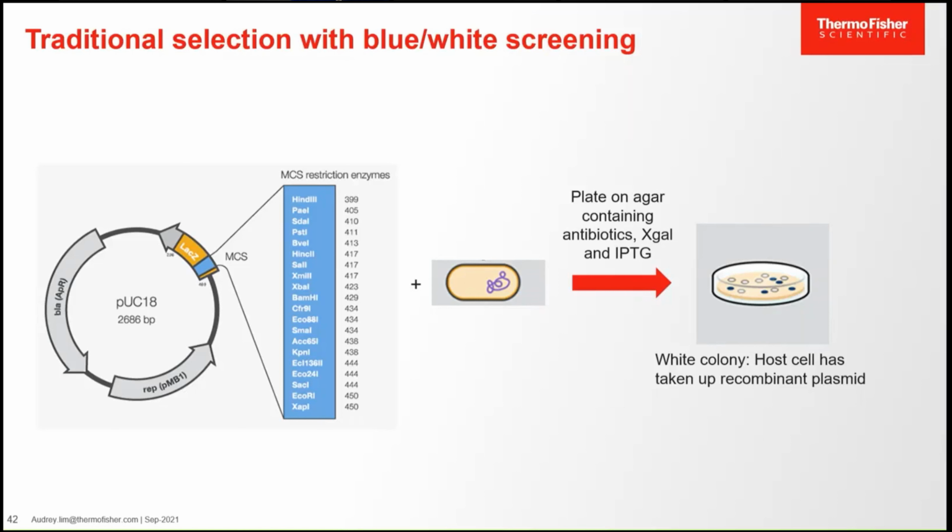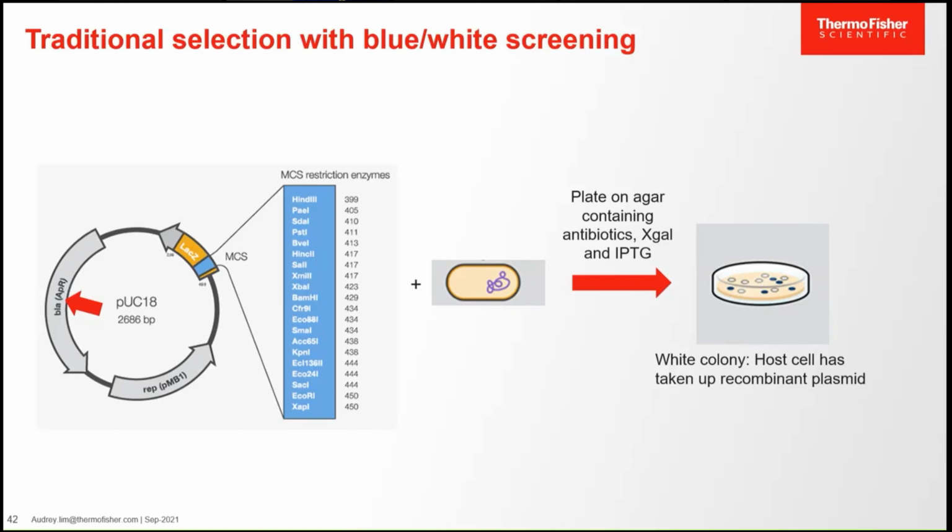How does this blue-white screening work? If you look at the plasmid here on the left, it has the BLA gene, which codes for ampicillin resistance. This means that when placed on agar containing antibiotics, only the cells that have picked up the plasmid will survive.